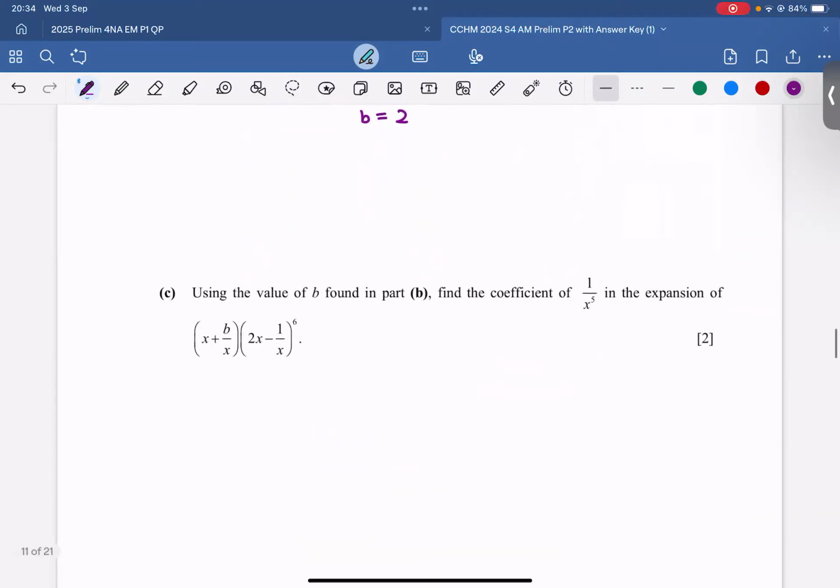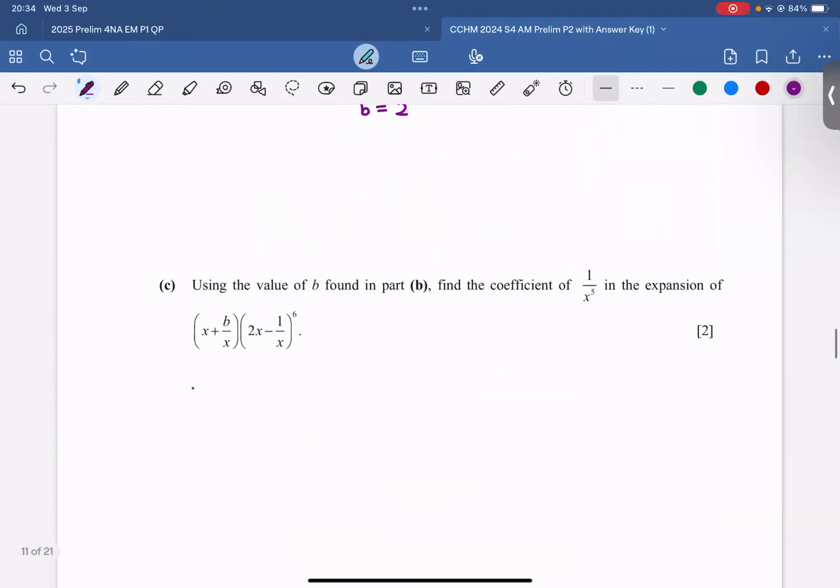Okay, so let's take a look at this. So this is x plus 2 over x, 2 over x times this. Now you want to find the x power negative 5. So for me to have x power negative 5, this is x power 1, must multiply by x power negative 6. And this x power negative 1 must times my x power negative 4.